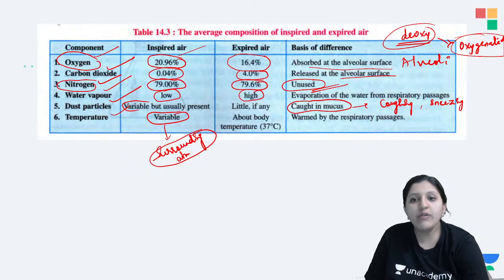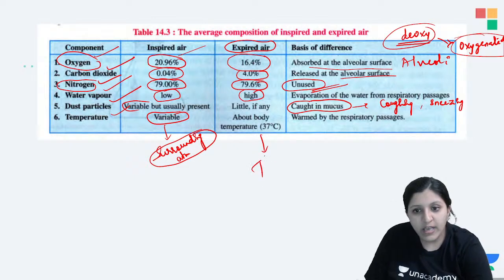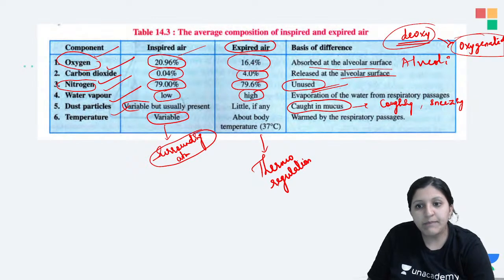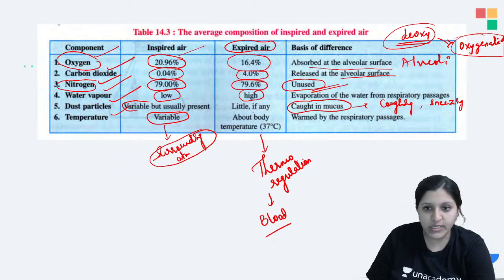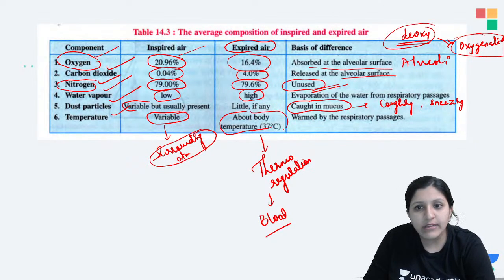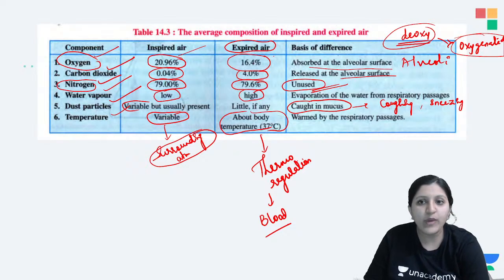Okay, so now the expired air. You know thermoregulation is always occurring in our body, and that is mainly by the blood. Blood is the one which is distributing the heat throughout the body. So this expired air will be equivalent to our body temperature, which is about 37 degrees.